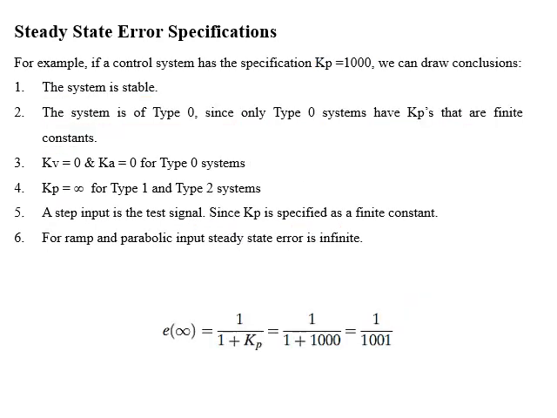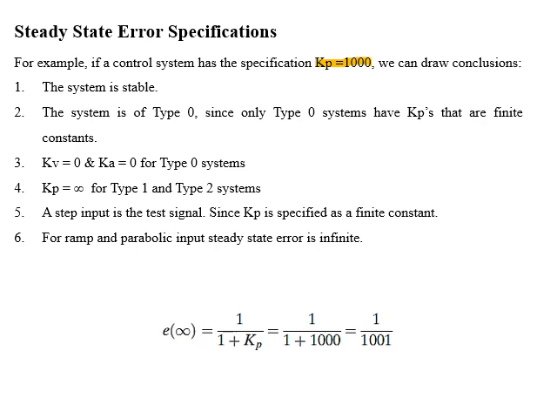Dear students, in last slide we studied what information we can extract from static error constants. In the next example, we have a control system whose static error position constant is given with a value of 1000.